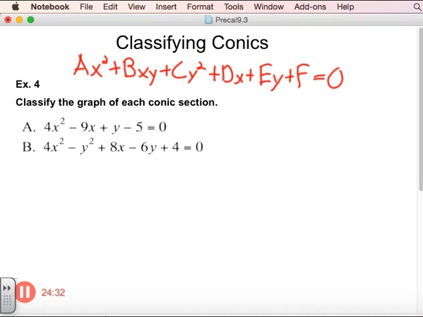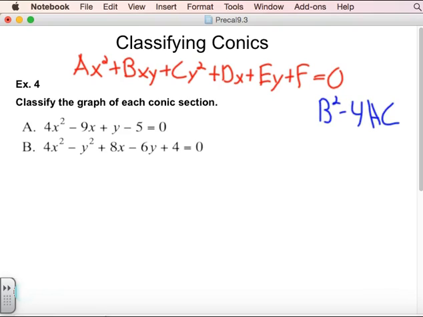All right, so we use this right here to determine what is A, B, and C, which are the ones that are important to figure out what shape it is. So what you've got to do to determine the shape is figure out what we call the determinant. Okay, so the determinant is b squared minus 4ac.